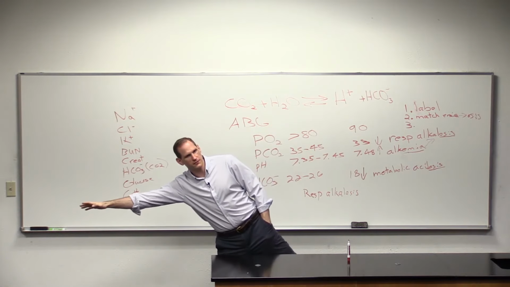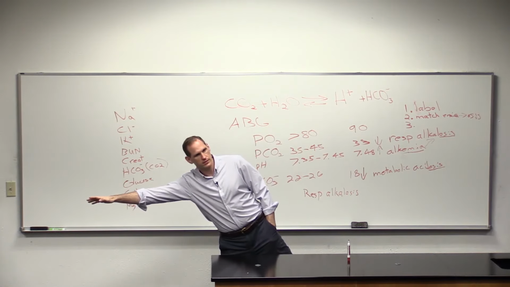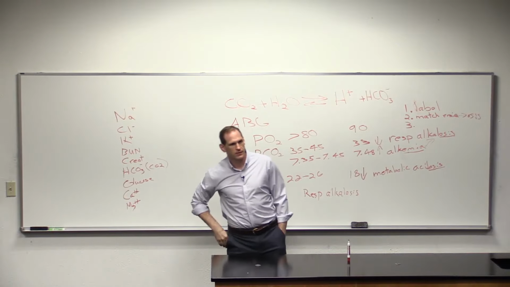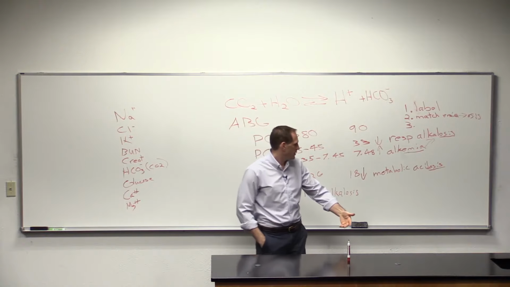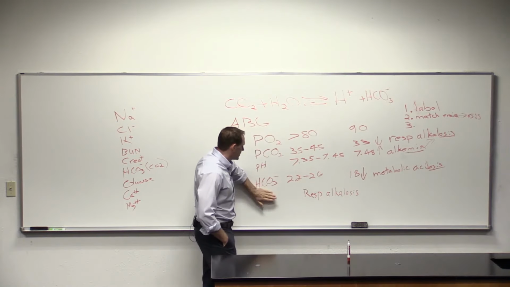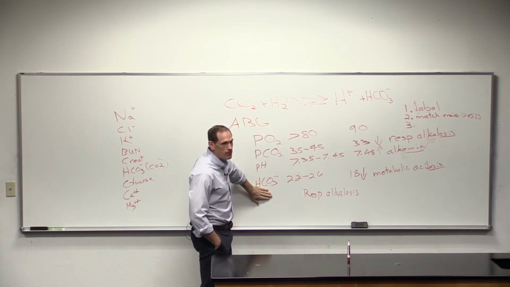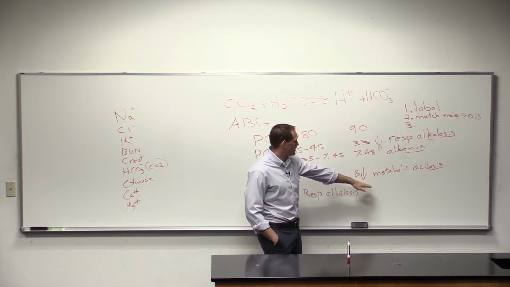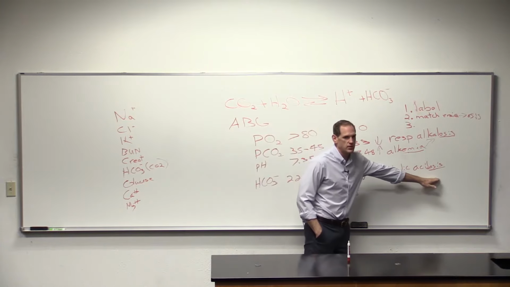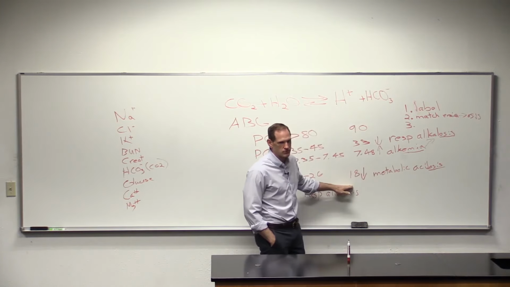What do we do to prevent from falling over? We're going to compensate in some way. Now, ordinarily, your kidneys produce bicarb, which buffers acid. But here, we don't have enough acid. So the way the kidneys are going to do that is they're going to decrease the amount of bicarb they produce. Does that make sense?